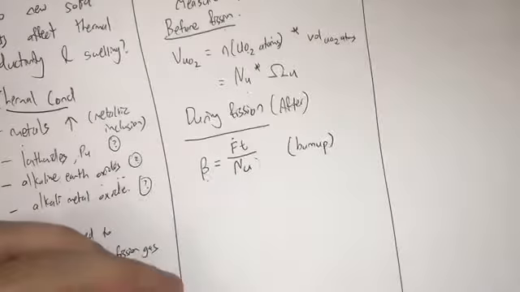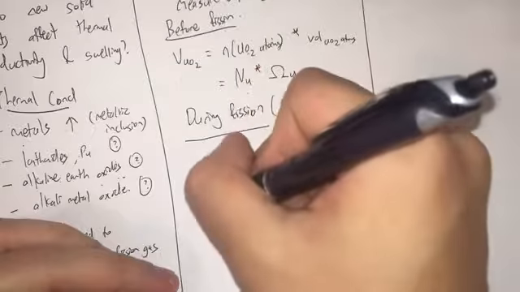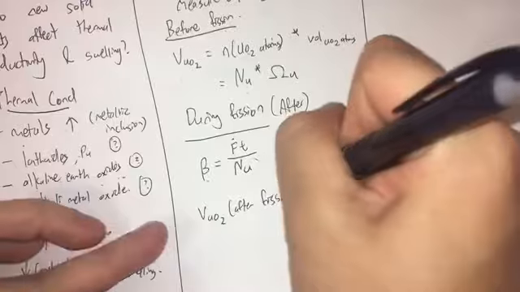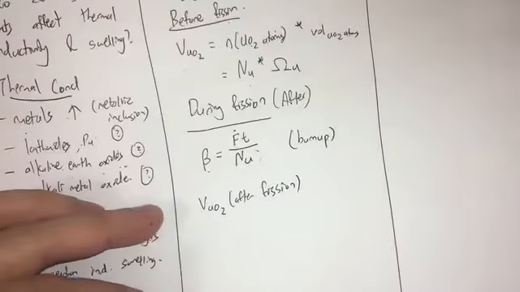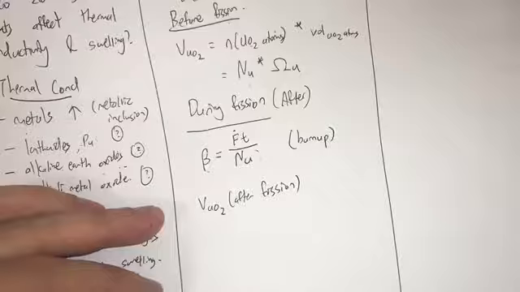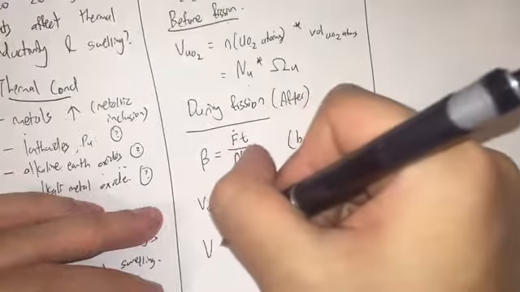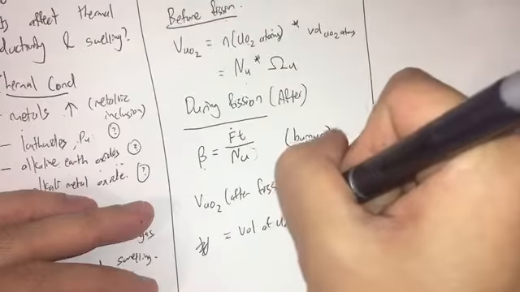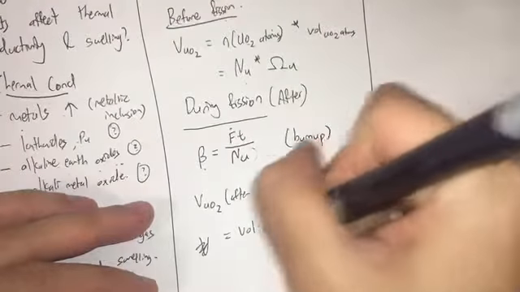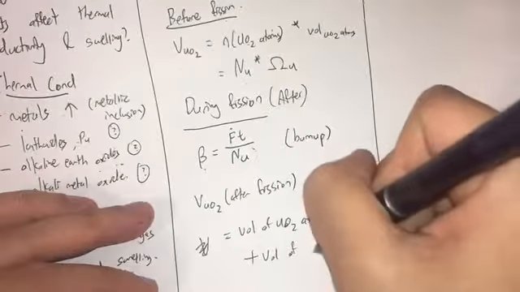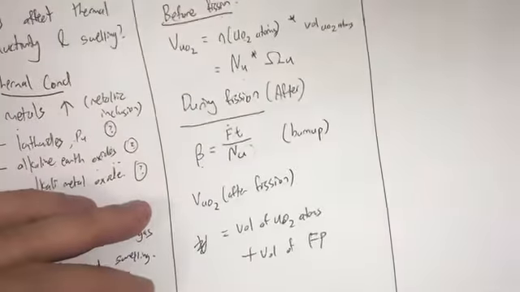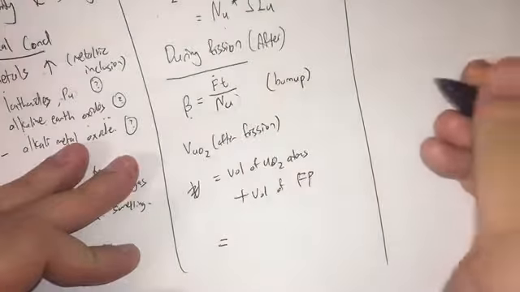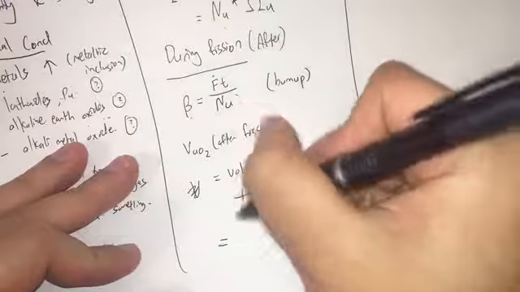After fission, we can represent the volume as the volume of UO2 atoms plus the volume of fission products. Some of the UO2 atoms have been consumed in the fission reaction.